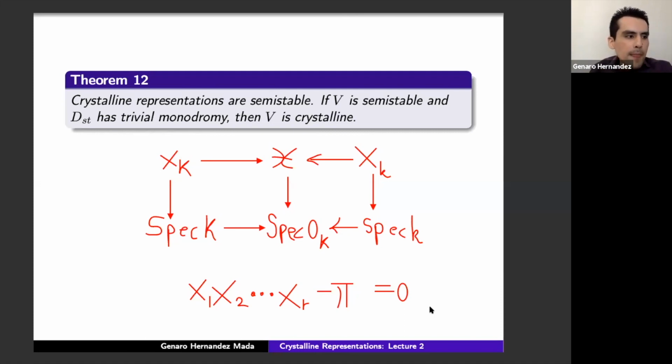So what we are saying here is that the monodromy operator on D_st could have to do with whether the variety has good reduction or not, because this is actually a geometric question, right? If we have a semi-stable model, we wonder, does it have good reduction or not? In some cases, that might be reduced to asking if this special fiber is smooth or not.